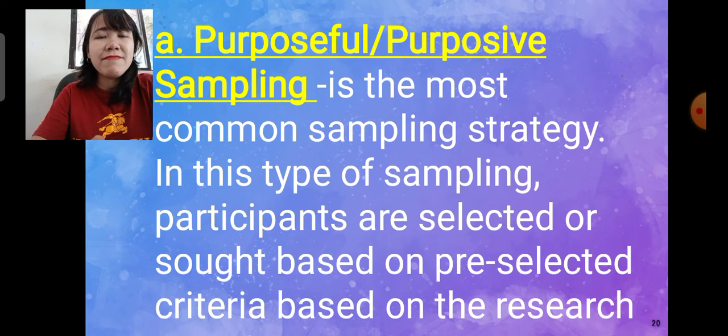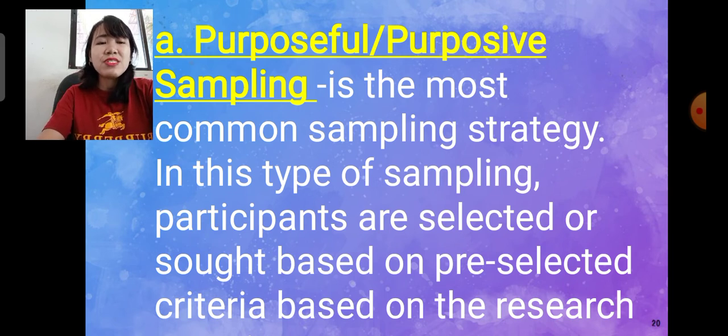Okay, so we have purposeful or purposive sampling, the most common sampling strategy. So in this type of sampling, participants are selected or sought based on pre-selected criteria based on the research. So ito yung tinatawag na, for example, your topic is about having an OFW parent.